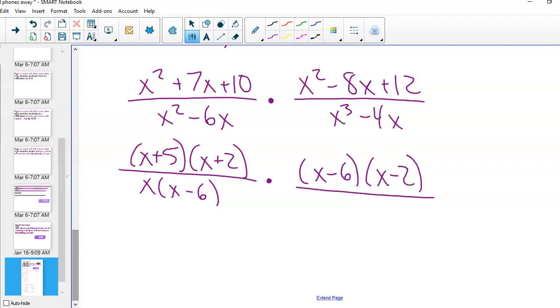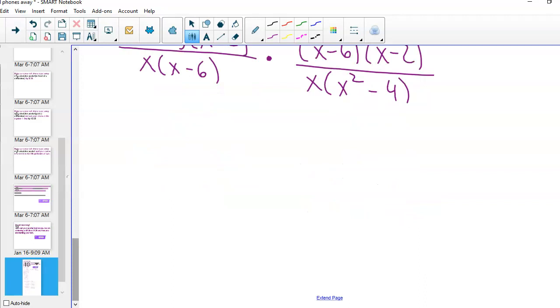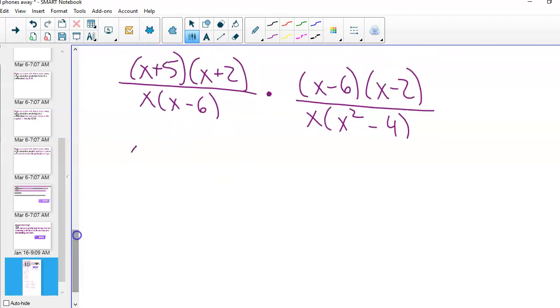This one we can factor out another x. And then we can factor that again because of difference of squares. I'm just going to rewrite the whole thing.